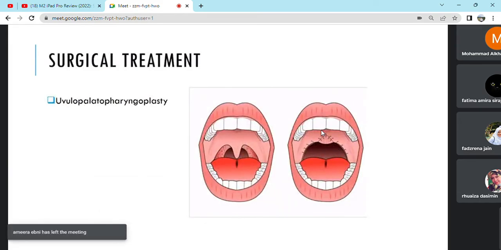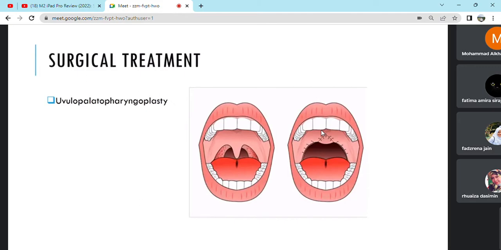Of course, another intervention is to perform surgical treatment. So again, as I've said, this is good for patients who are suffering from nasal to oropharyngeal abnormalities in their anatomy. So one is your uvulopalatopharyngoplasty, or UPPP as we call it.